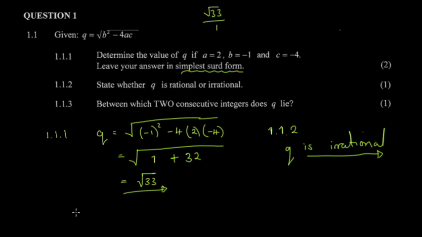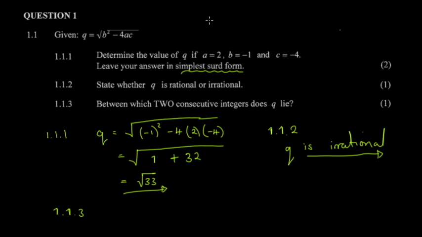And then 1.1.3 here, you're asked between which two consecutive integers does Q lie. You can do this by a process called inspection. So you can inspect your number and ask, what would be the lower bound, what would be the earlier square here?